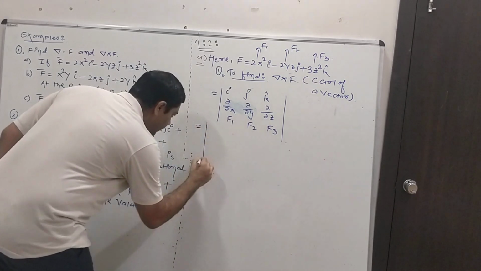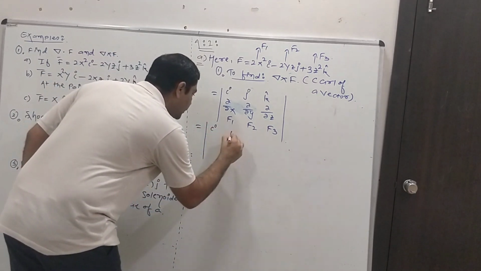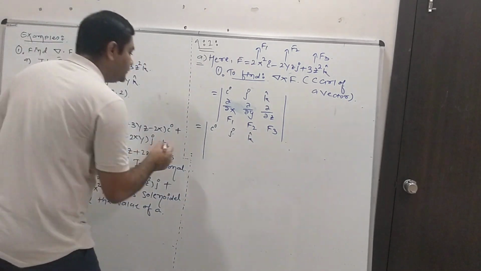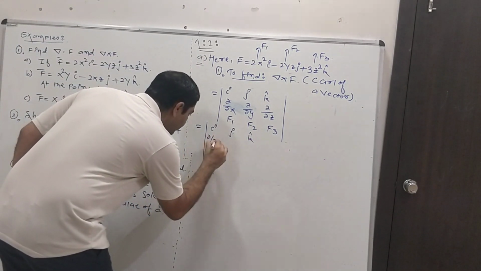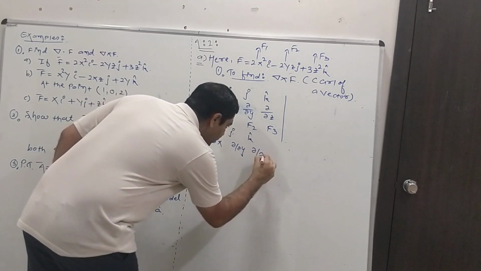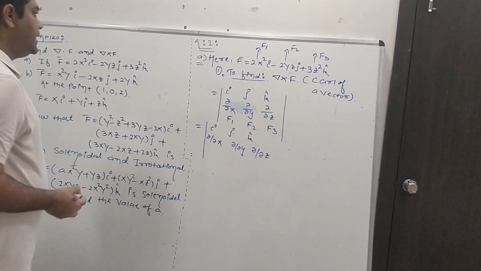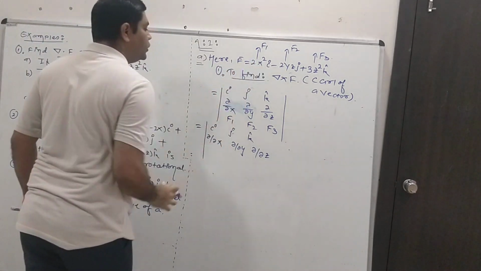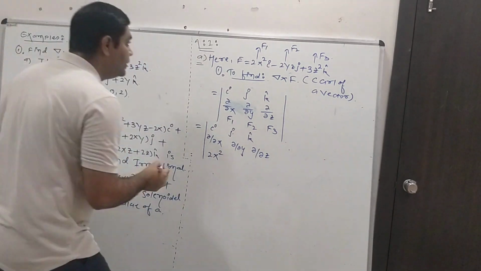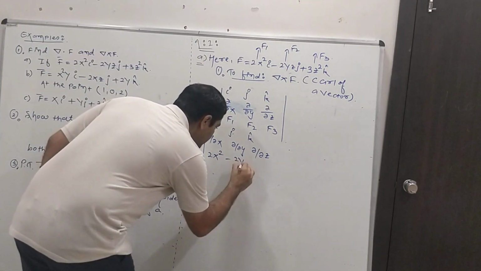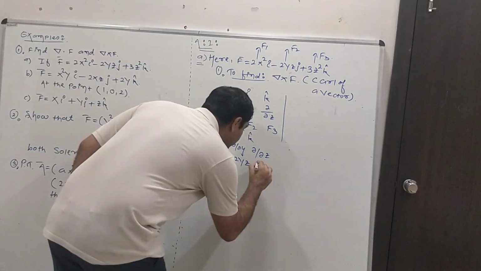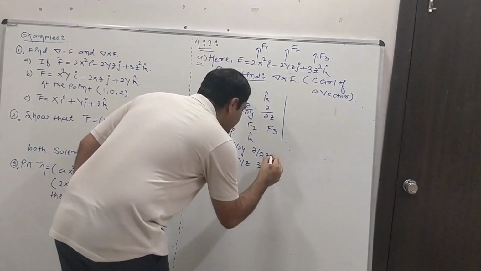So what you can write? i, j, k, and del by del x, del by del y, del by del z. f1 is what, children? 2x square. So we'll write 2x square. f2 is minus 2yz, and f3 is 3z square.